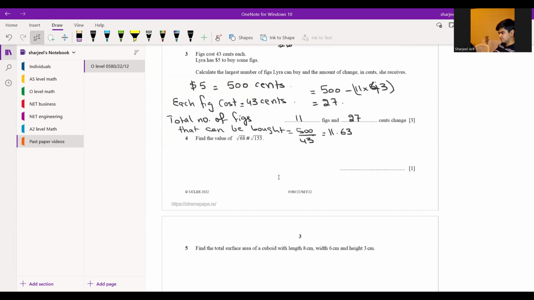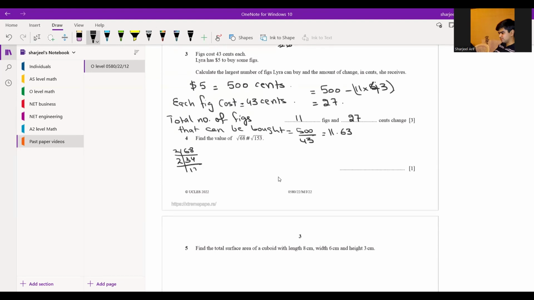So you can use a calculator to solve it. Okay, you can also write it using prime factors. So if you have to find it manually, you can use the prime factors method to solve it.